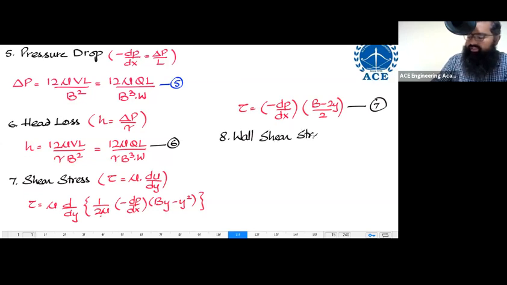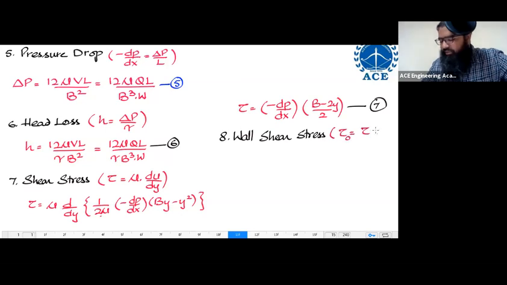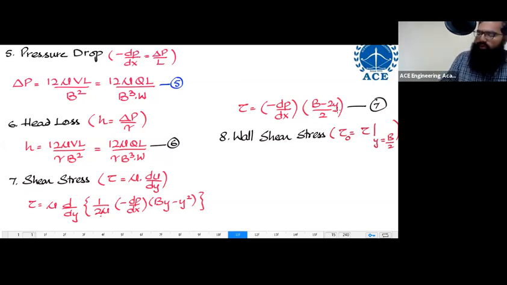Finally, the eighth and last equation here is wall shear stress. Wall shear stress is the shear stress at y equal to b upon 2. Sorry, y is equal to 0, not b upon 2.